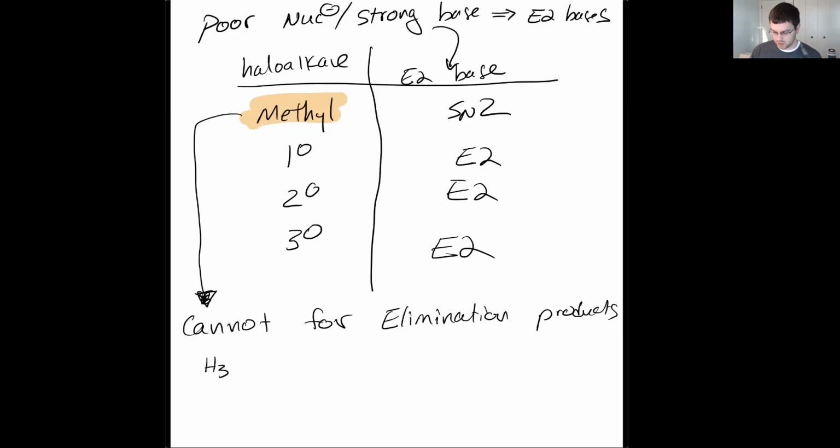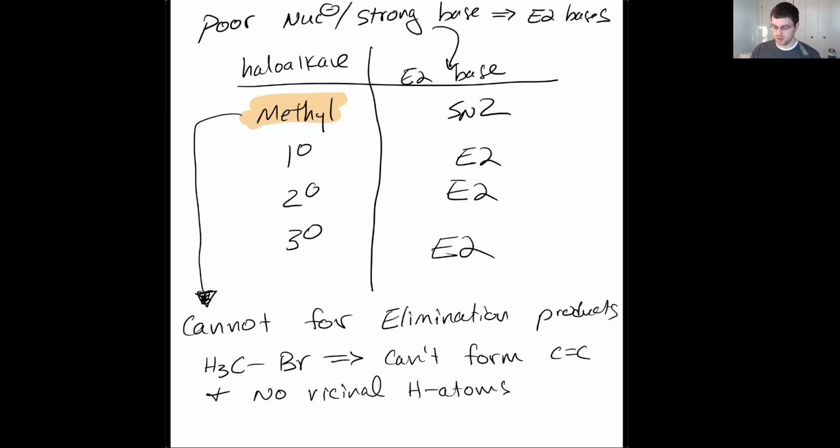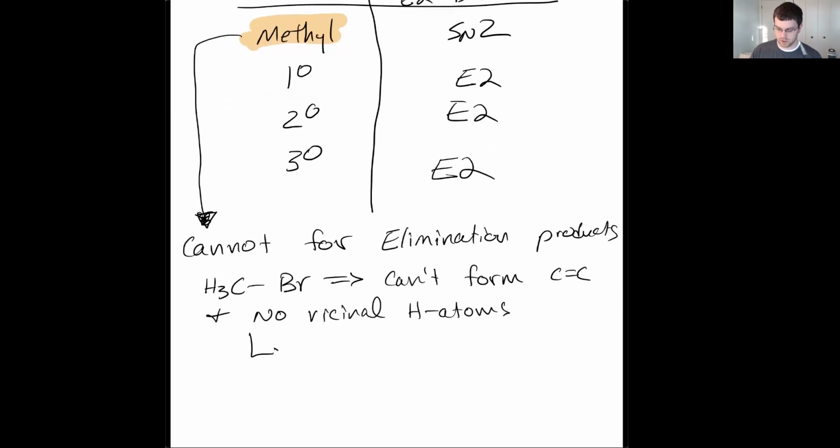If you've got CH3Br, you can't form a CC double bond, and there are no vicinal H atoms. And as a result, you're going to see no E2 or E1 for that matter, so only Sn2.